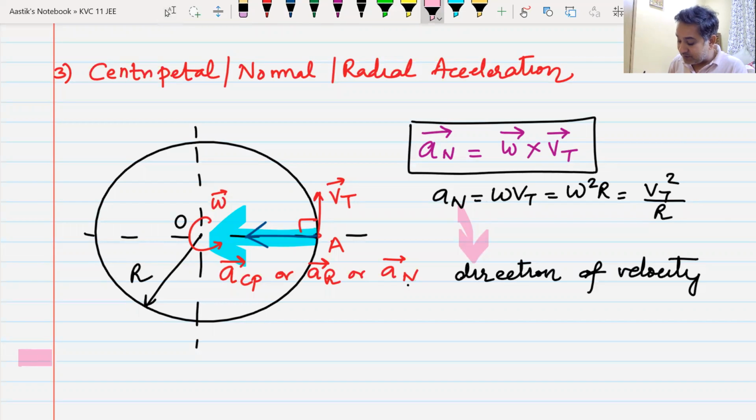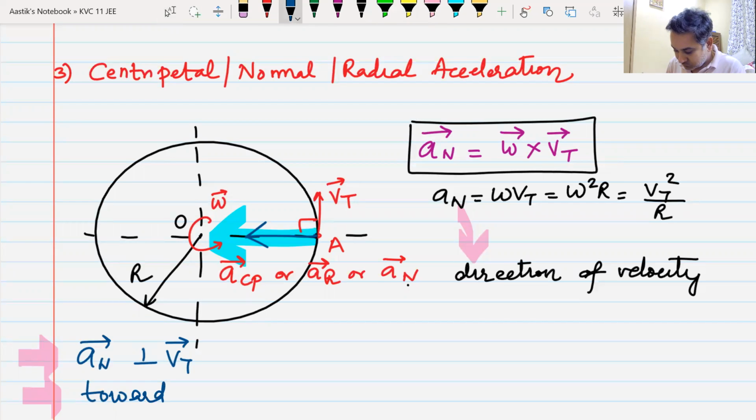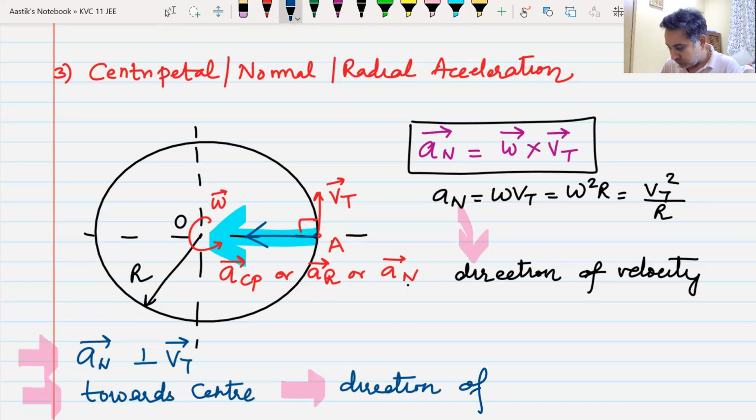What all things you have to remember about this? An is always perpendicular to Vt. It is always directed towards the center, and it changes the direction of velocity.